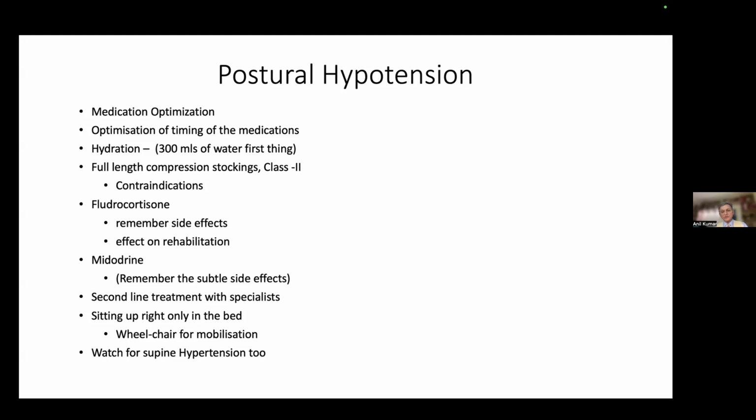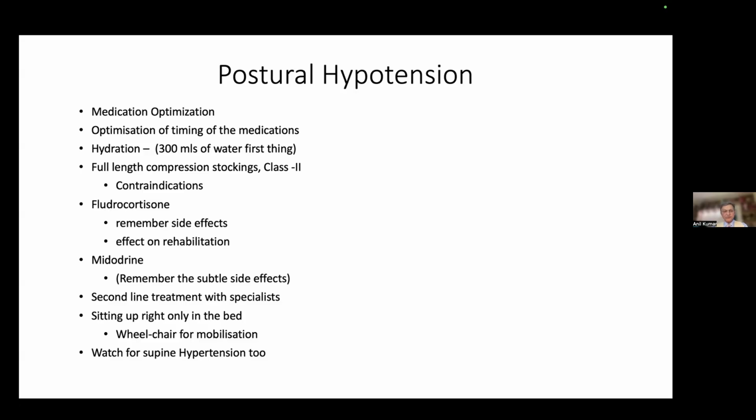But when you're talking about these things, you also always want to make sure there is not supine hypertension. There is another thing called supine hypertension and orthostatic hypotension, SHOH. You need to be aware of this, especially if you have Parkinson's plus syndrome, which is multisystem atrophy.